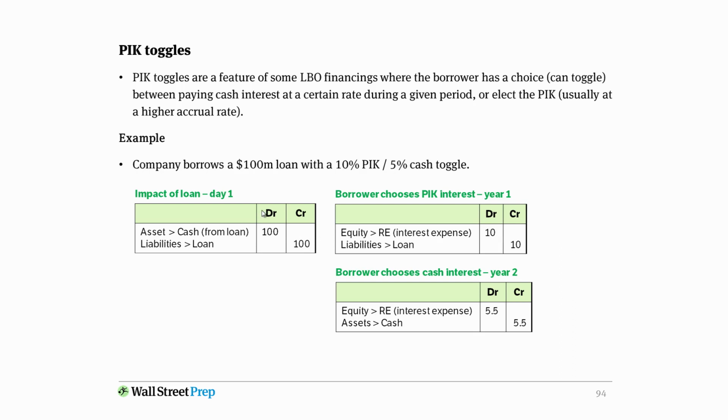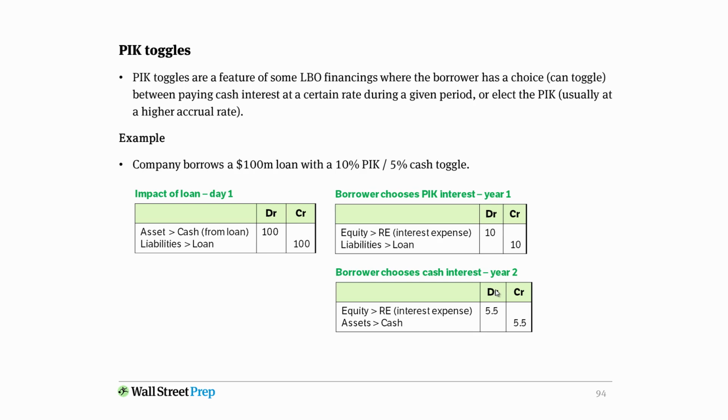So we borrow in the beginning, it's exactly like borrowing any other loan, a $100 million debit to cash and a $100 million credit to the loan principal. Now let's say in year one, the borrower chooses PIK interest, so no cash leaves the company, interest expense is still recognized, but instead of cash going out the door, the loan is credited on the liability side. The next year, let's say the borrower chooses cash interest.